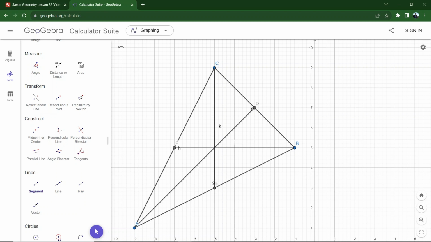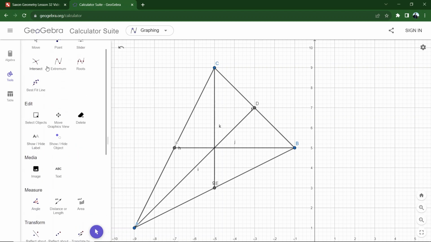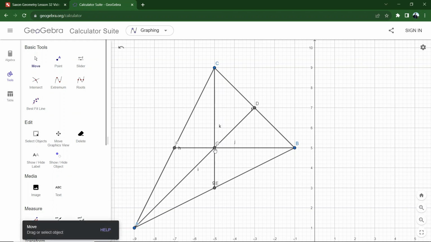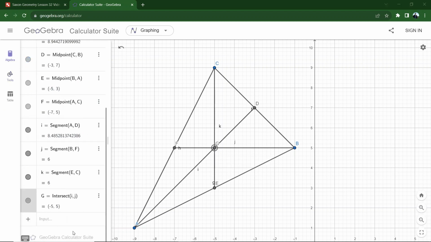And then the last thing that I need to do is go back up to put a point on the intersection here, and that is my centroid. Now, let's take a look and see if I've got this correct. I'm going to go back up to here, and it looks like the centroid is at -5, 5. So my formula worked.